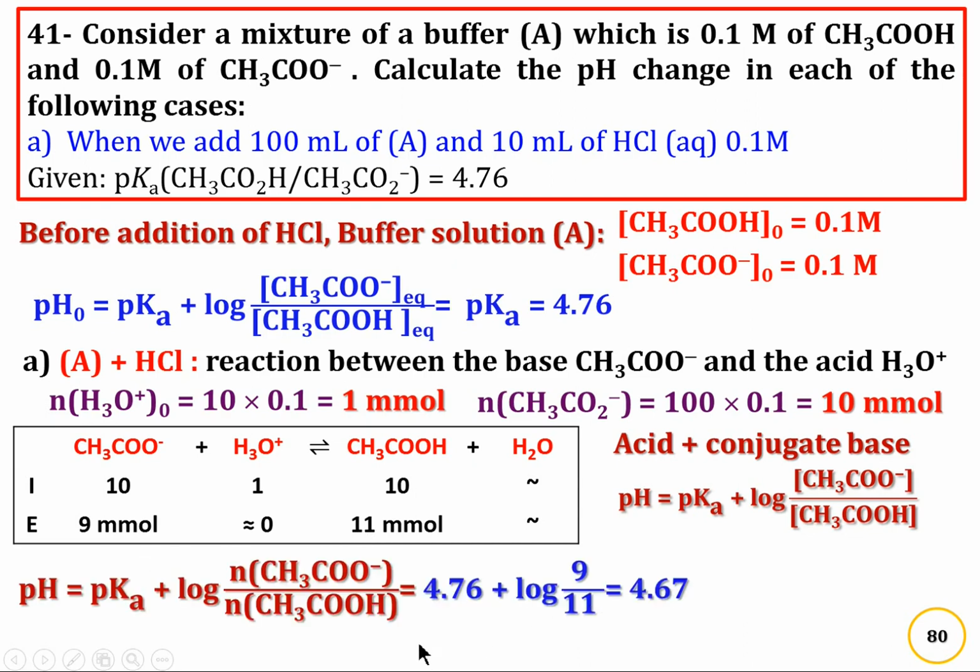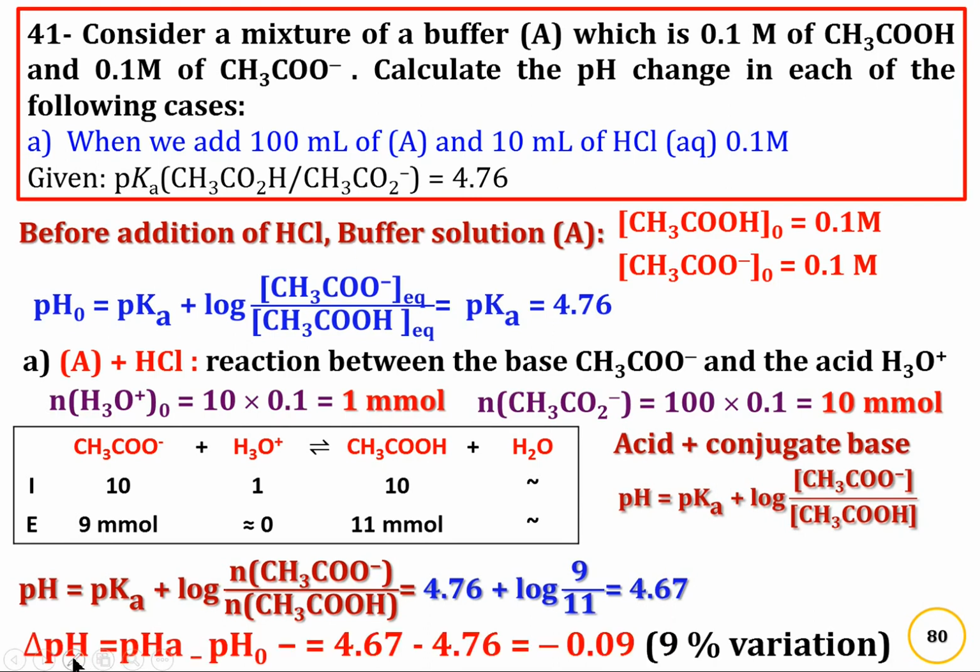So pH equals pKa plus log of the number of moles of acetate divided by acetic acid at the new equilibrium, which are those initially obtained at the first equilibrium, so equal to 4.76 plus log 9 divided by 11, equal to 4.67.